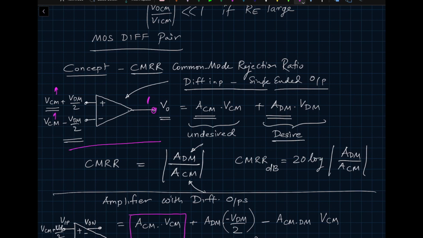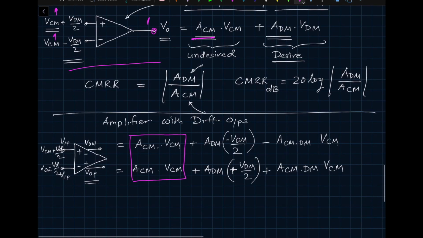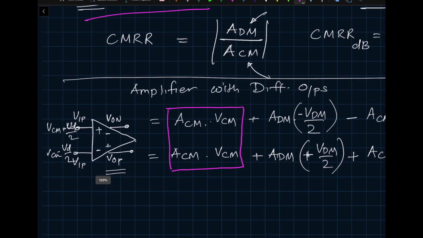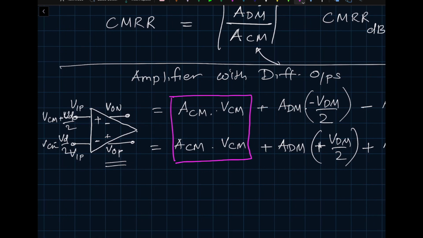If Vout moves because of the common mode signal, it's going to corrupt the signal that I'm going to sense, because I only have one output, and I'm expecting that only VDM should make a difference. So in this case, ACM, the common mode gain from both inputs to the output, becomes undesired.